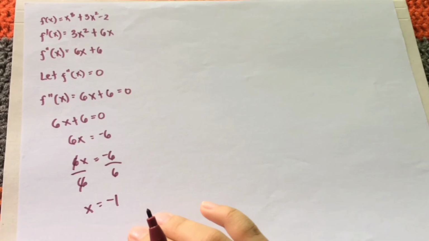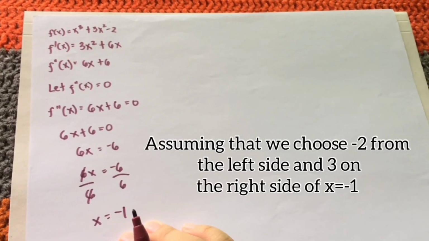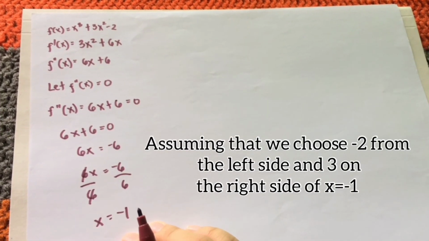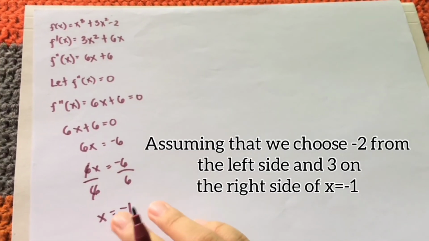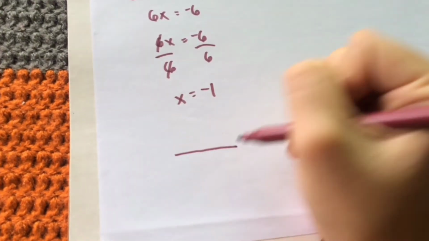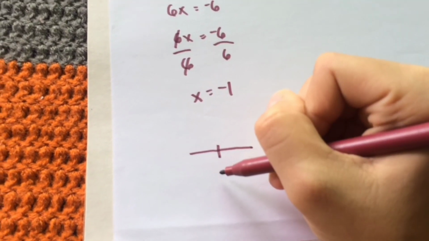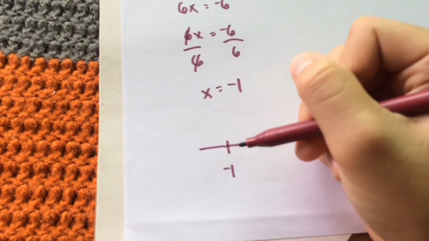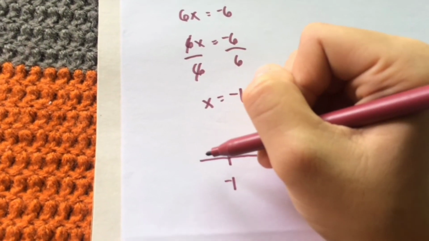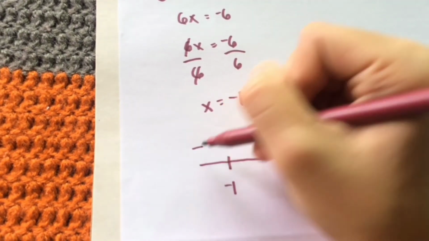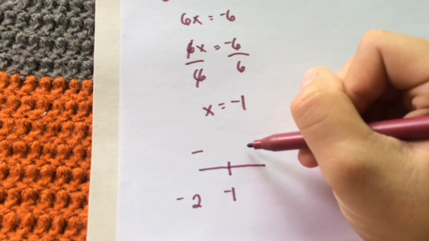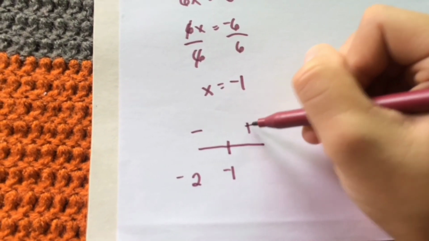So we have here our negative 1, and we choose negative 2 and positive 3 for the left side and the right side of our x. On this side we choose negative 2, and on this side we choose positive 3.